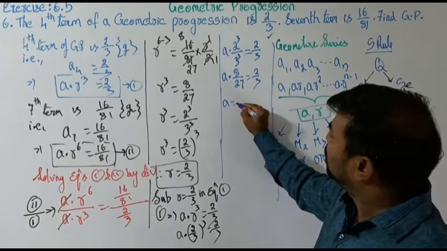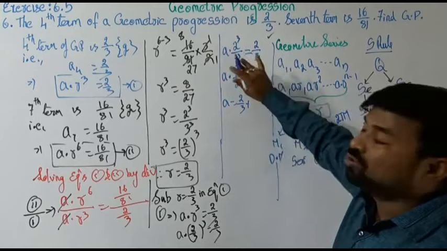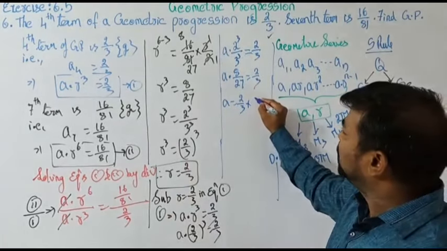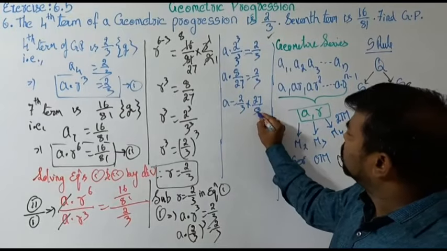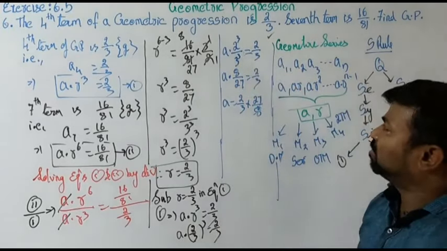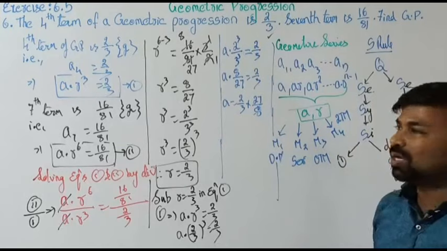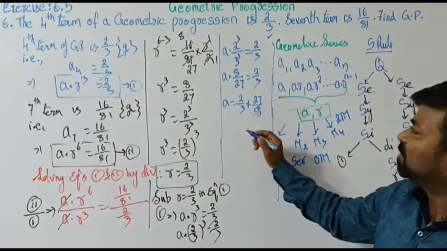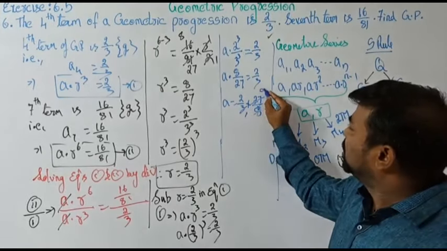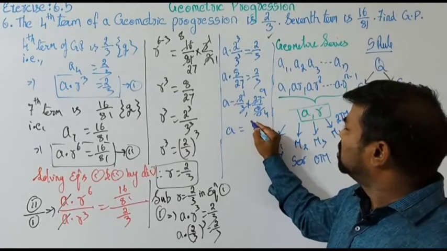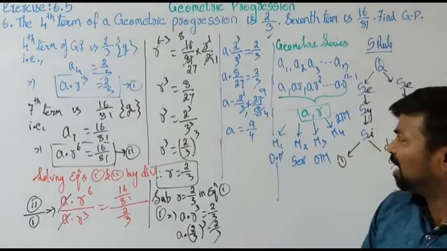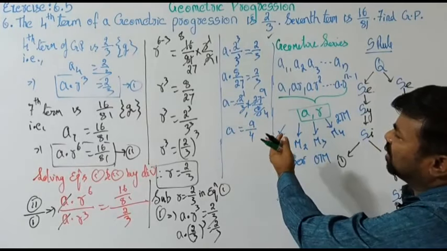Now a equals 2 by 3 into 27 by 8, flipping that one: 8 by 27 goes to the other side as 27 by 8. 3 ones are 3, 3 nines are 9; 2 ones are 2, 2 fours are 8. So a is equal to 9 by 4. You got it?